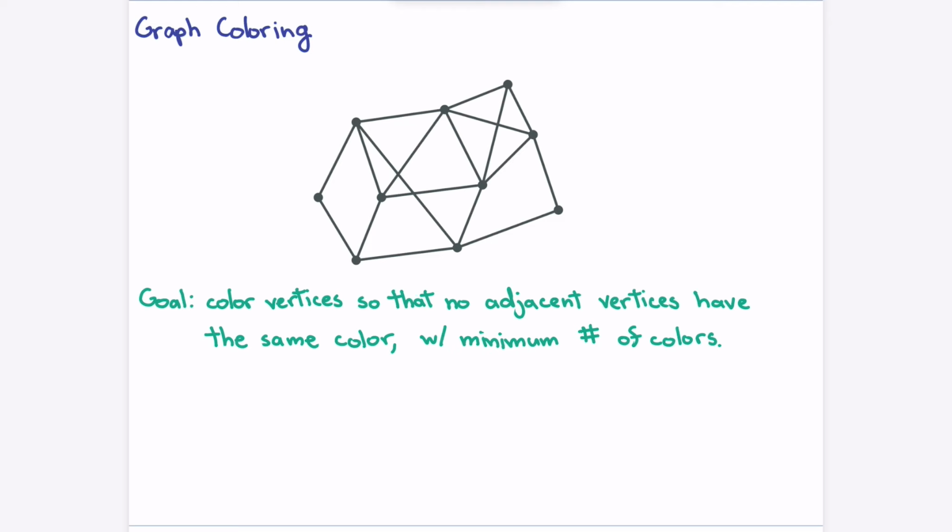I'll let you look at this and tell me how few colors you can color this in. This might be a little bit hard to do in your head. Four, five.